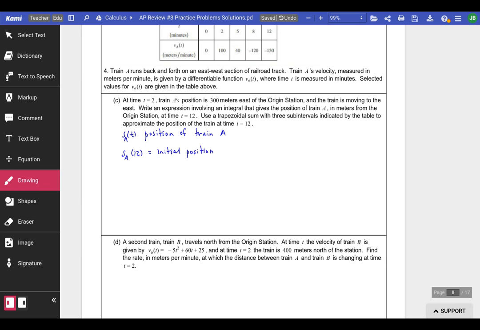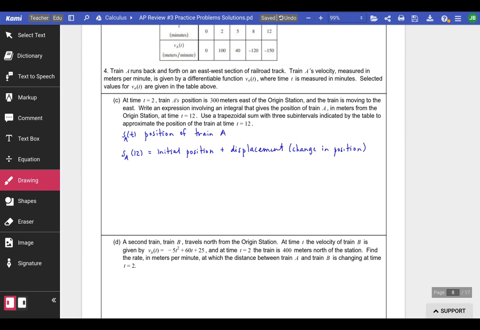And then I need to know its displacement, which, if you'll remember, displacement is just the change in position. So in other words, if I want to know where that train's at, I have to know where it started and how much further it went.